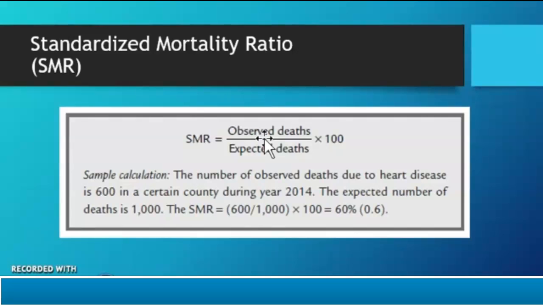That's the simple formula, but many might ask, how do you come up with these two numbers, the observed deaths versus the expected deaths, from different data sources? So I'm going to go over the calculations in more detail. In this case, you were given the number observed versus expected, which makes the calculation easier.